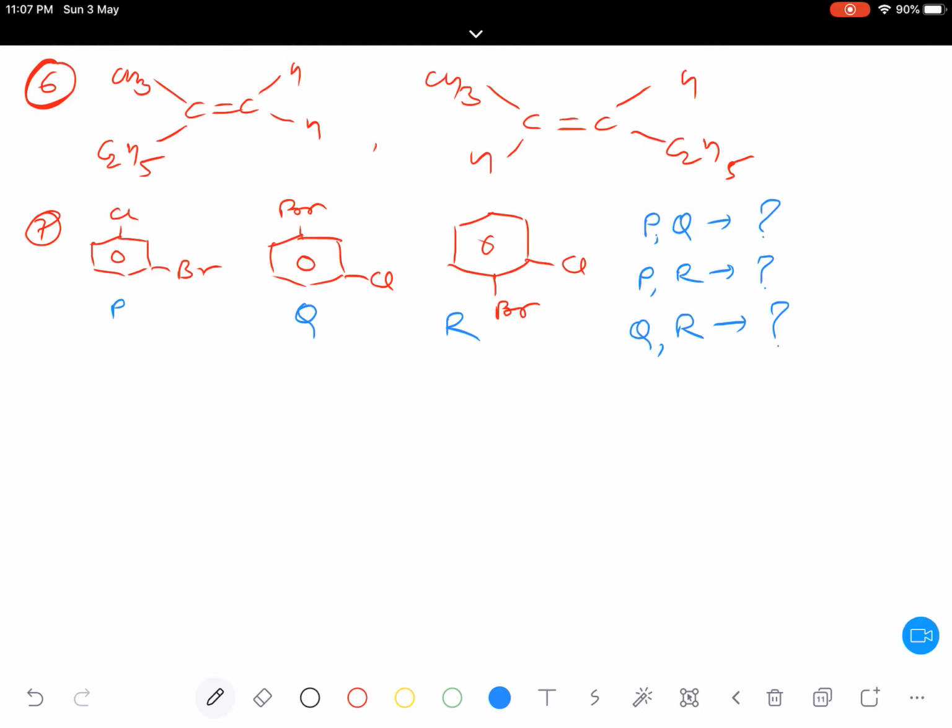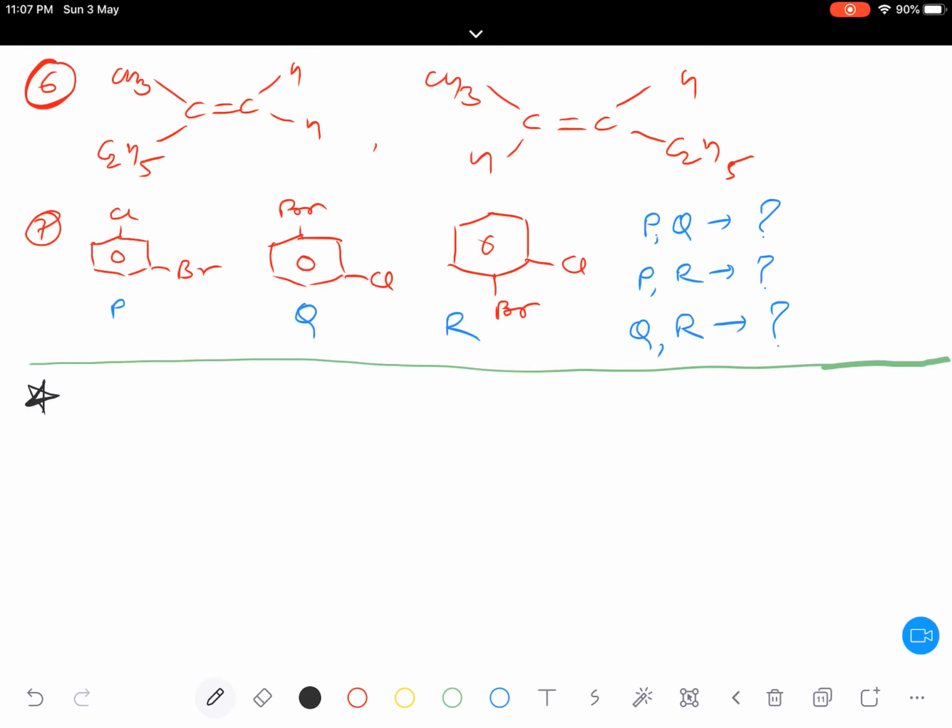Now let's talk about alkanes, alkenes and alkynes. This part again will be quite important. Let's say I start with the alkanes.